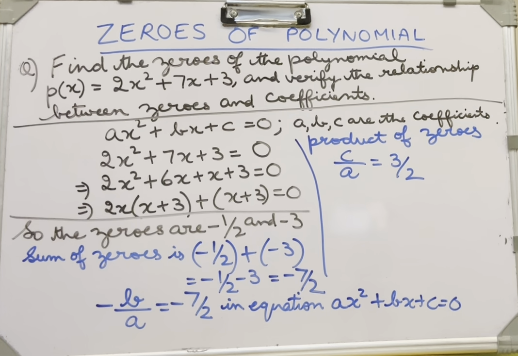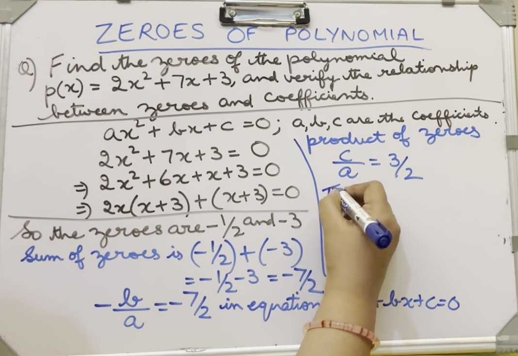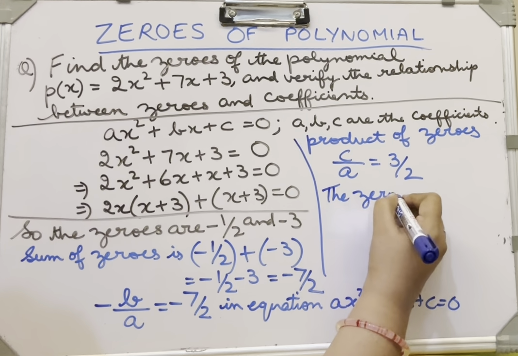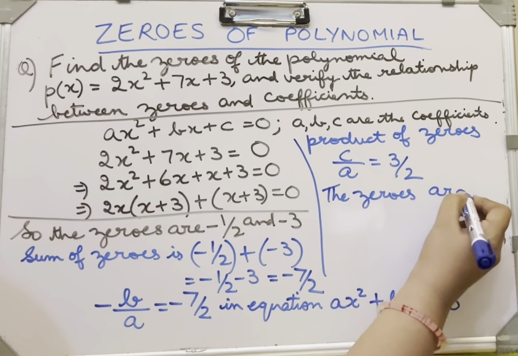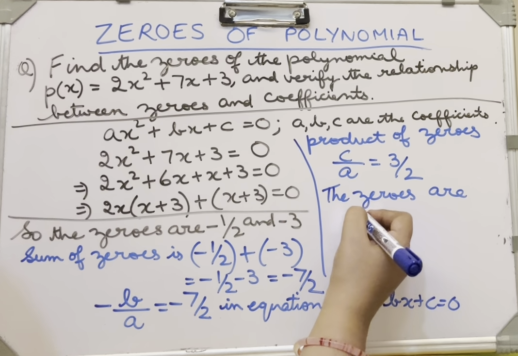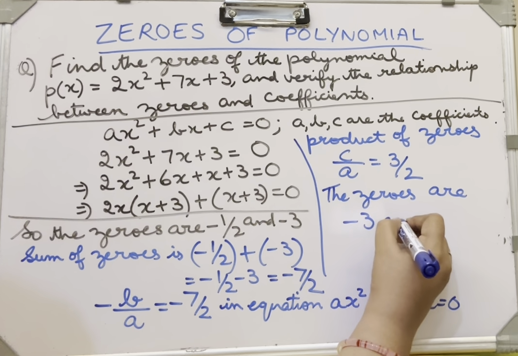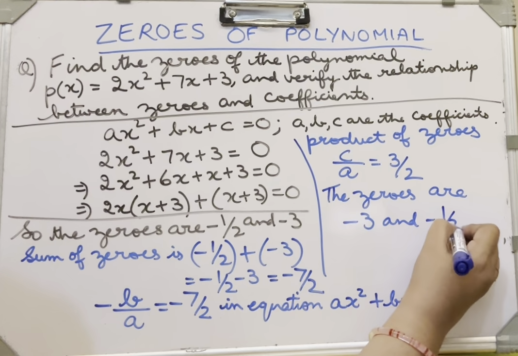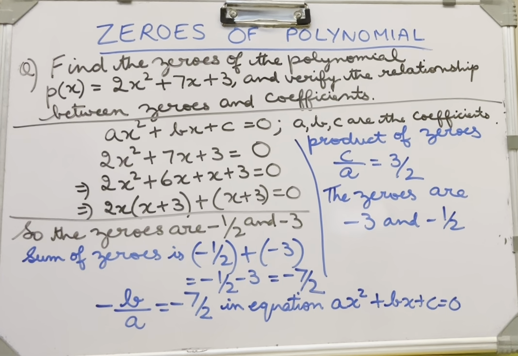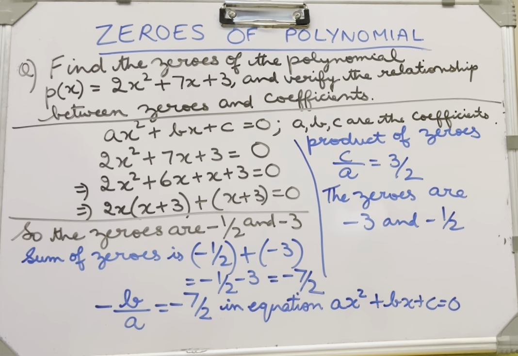Hence in this polynomial, the zeros are minus 3 and minus half. So this is the relationship between zeros and coefficients of the polynomial.